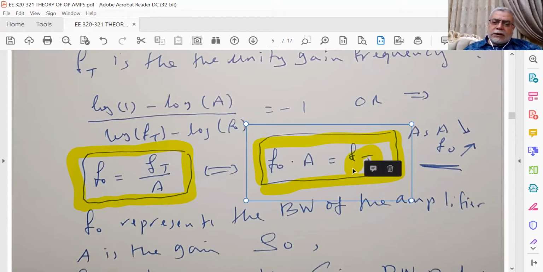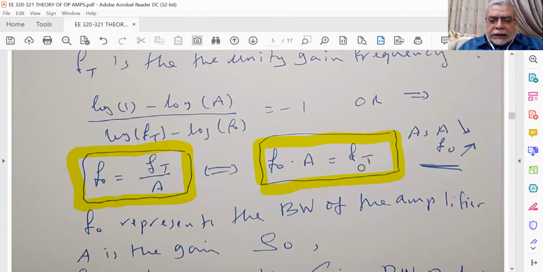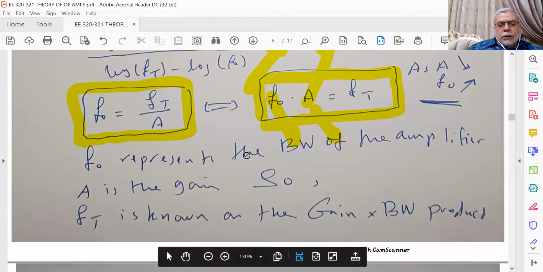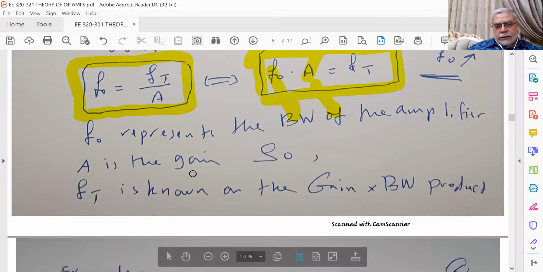Therefore the frequency ft is usually called the gain bandwidth product for an amplifier. As ft is constant for the specific op amp, if we increase the gain, the frequency will decrease. If we increase the frequency, the gain will decrease, in order to have a maximum product equal to ft.